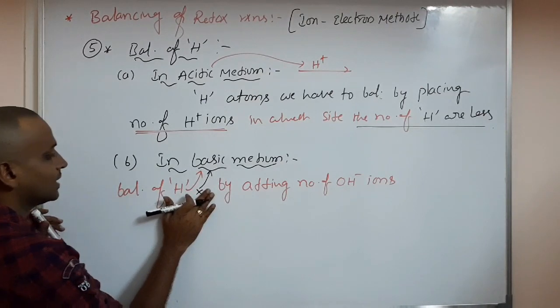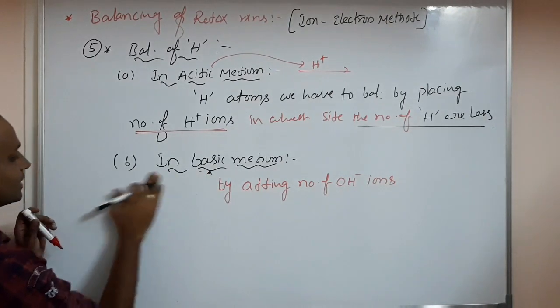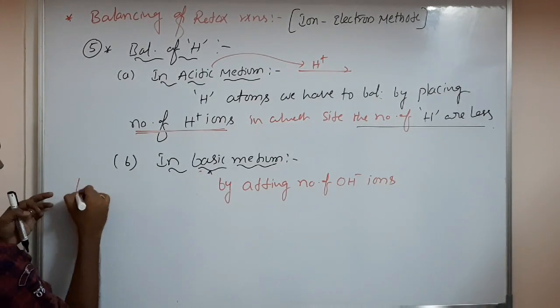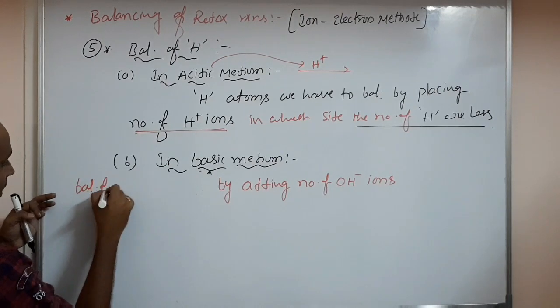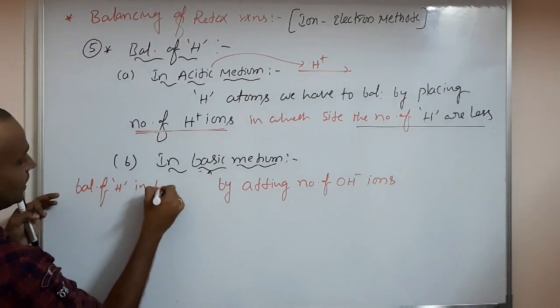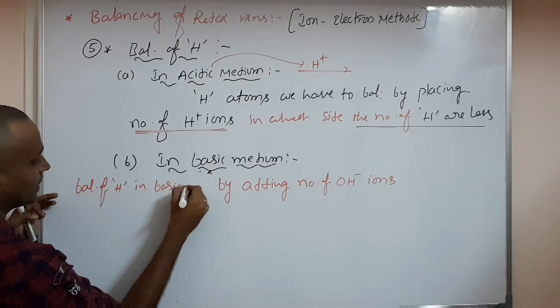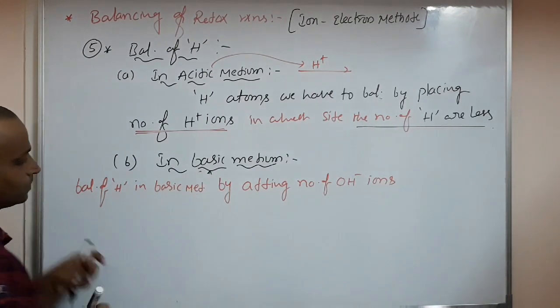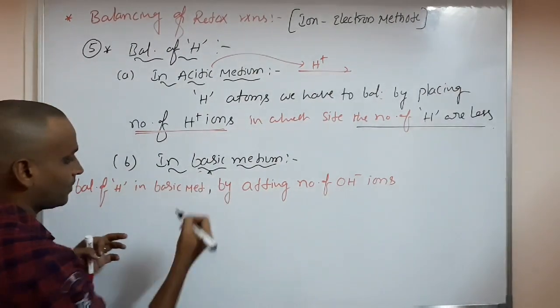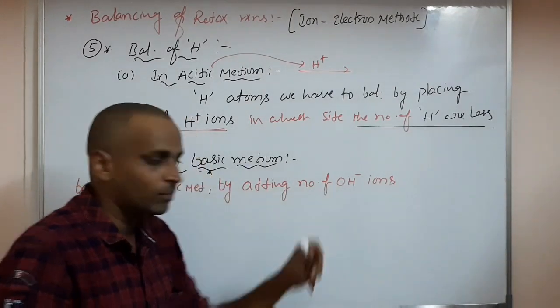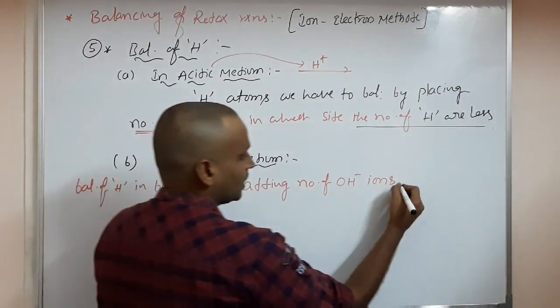I'll write it clearly. Balancing of hydrogen in basic medium, how? By adding the number of OH minus ions.